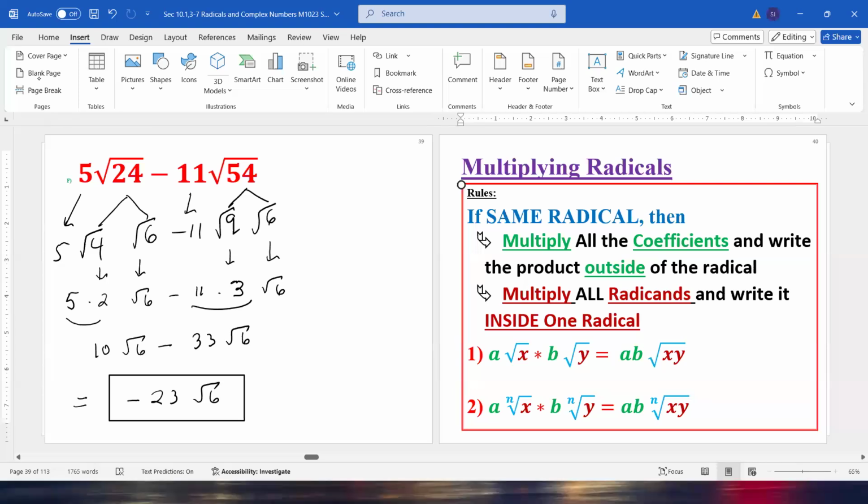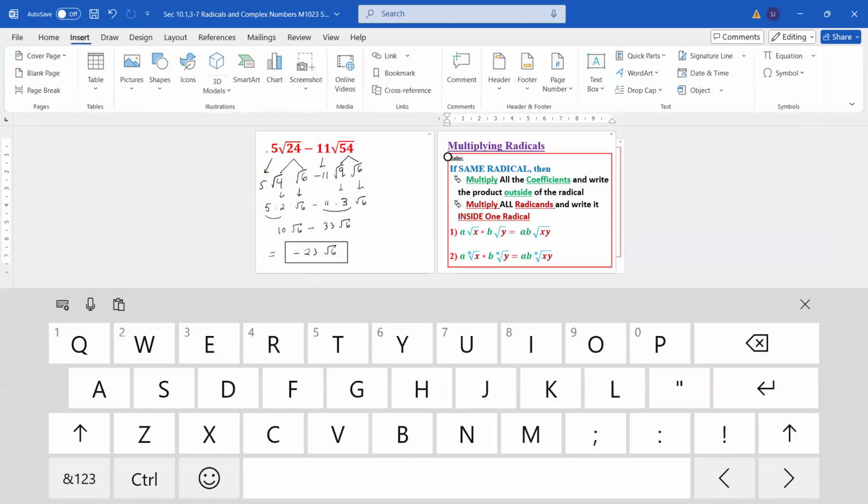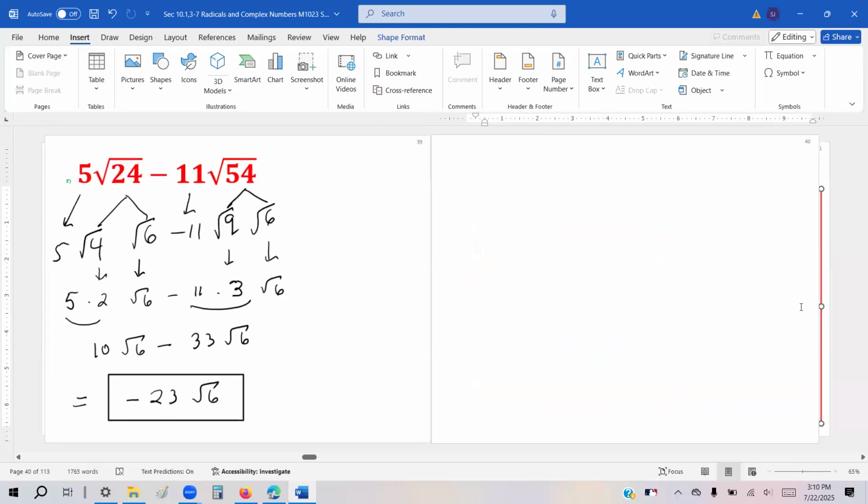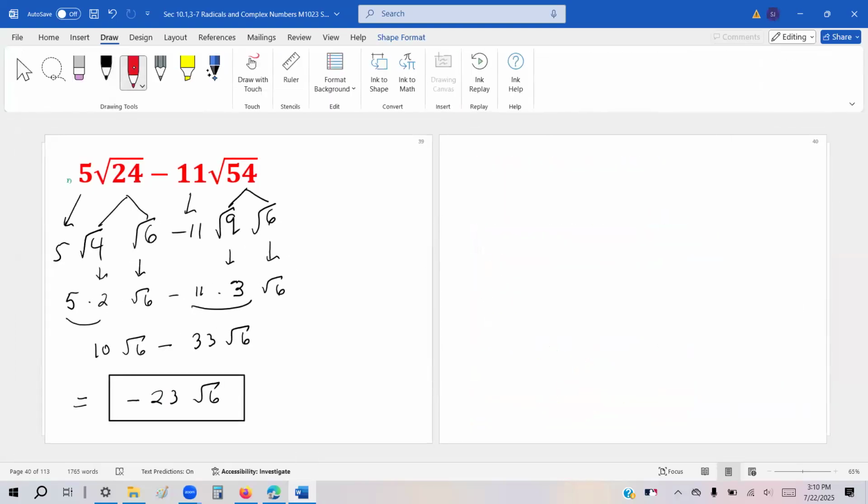Let me do one more example. Let's say we have 2 square root of 8 minus 3 square root of 12.